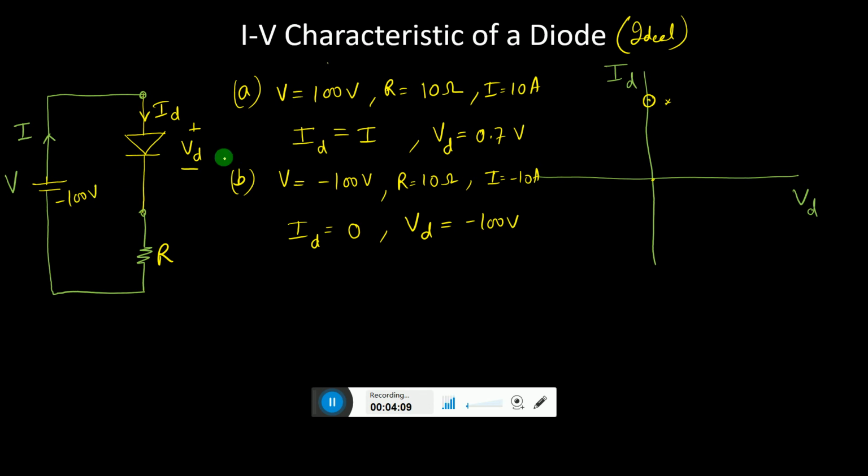So the voltage across the diode will also be minus 100, and since it is reverse biased, the current will be 0. If I plot it in the XY, it is minus 100 and 0 current, so it will lie here.